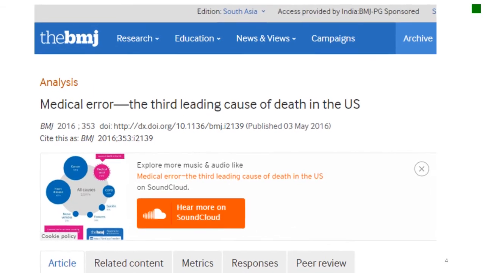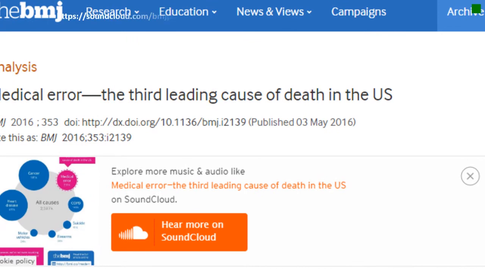The BMJ in the 3rd May 2016 issue confirms the fact that medical error is in fact the third leading cause of death in the United States. We are talking about the United States, which is having one of the most developed medical facilities. We are not talking of any developing nation here.